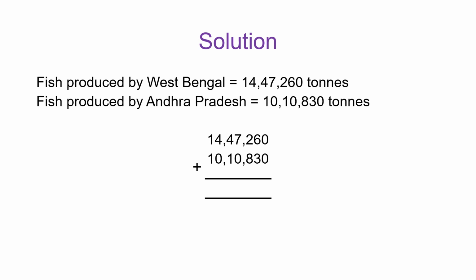Let us add 0 plus 0, 0. 6 plus 3, 9. 2 plus 8, that is 10, regroup 10. 1 plus 7, 8. 8 plus 0, 8. 4 plus 1, 5. 4 plus 0, 4. 1 plus 1, 2.